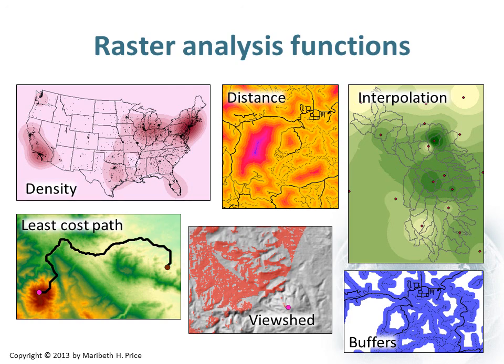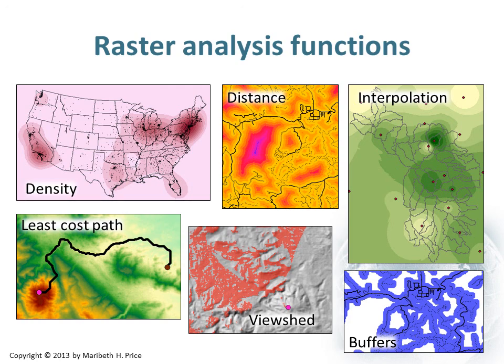What interpolation does is use mathematics, statistics, or other means to simply generate a new data set that gives you an estimate or a predicted value for every cell in the grid, in the raster, between all the known points. And it maps out looking like that.